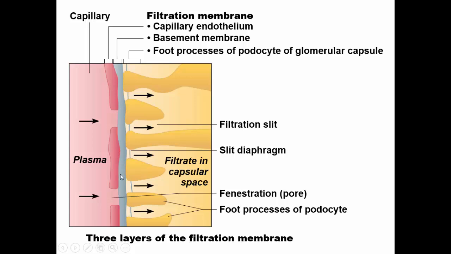The basement membrane acts as a bit of a sieve, and then the slits between the podocytes with their little slit diaphragm captures large molecules as well. So the filtrate we get in the capsular space is plasma minus the proteins and minus the blood cells.